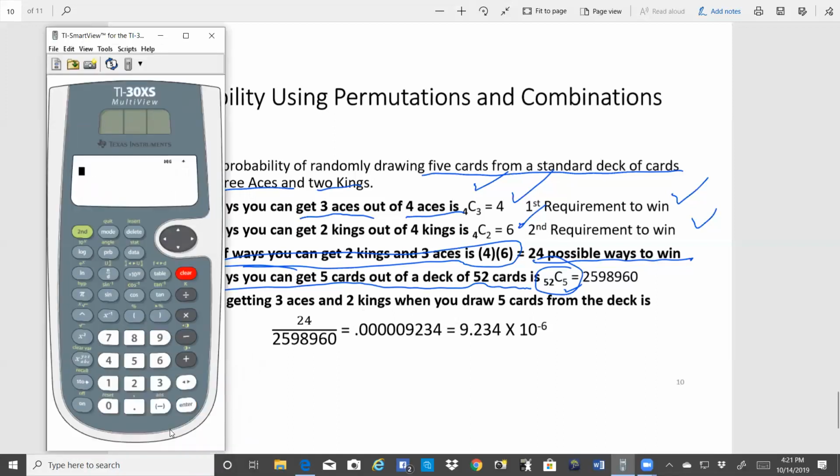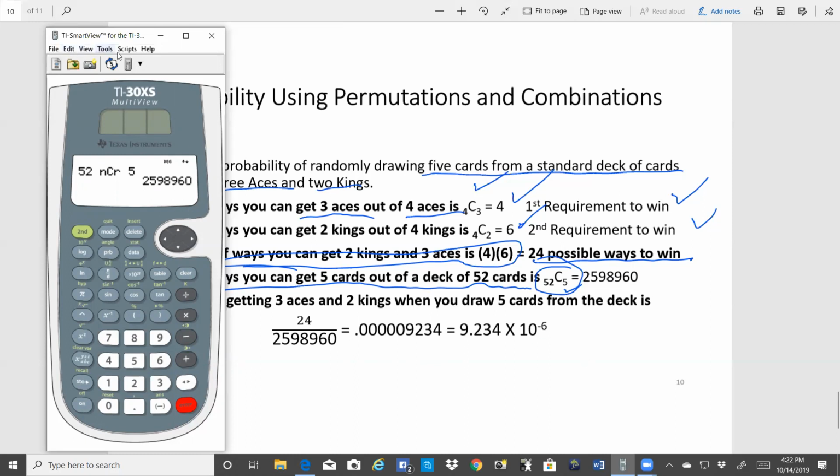When it's clear, we want a combination of 52 things, probability. Be sure you get the combination, taken 5 at a time. This is the total number of ways you can draw 5 cards from a deck. And that number is 2,598,960.